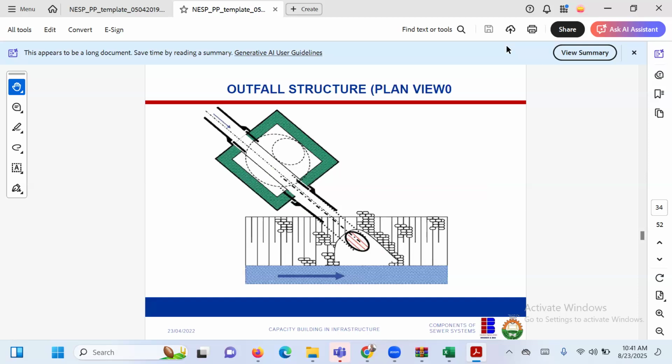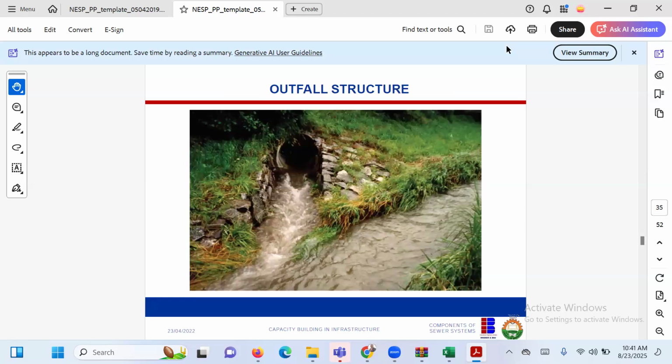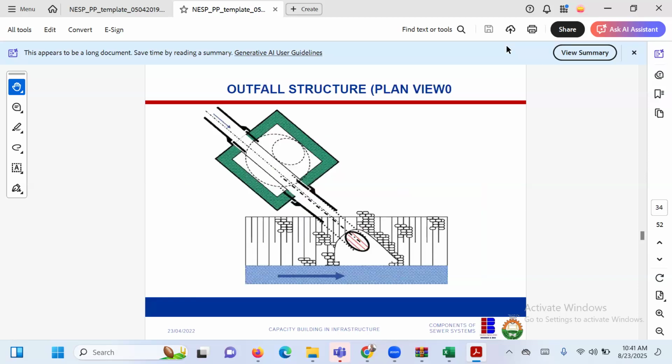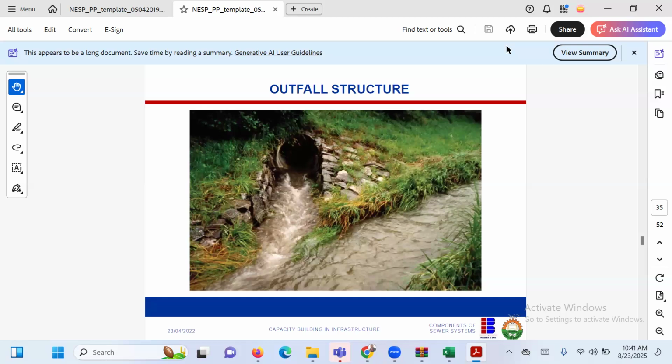This is an example of what we call outfall structure. Outfall structure is where the sewer or the stormwater joins the open stream. This is stormwater, this is about a 900 mm pipe. So you can see that at this point, this water is joining the open stream.